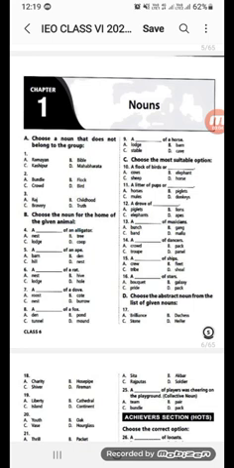Now the abstract nouns. Abstract nouns are names of things that do not have a material form. They refer to the names of ideas, concepts, feelings and events. We cannot see, hear, smell, taste or touch them.